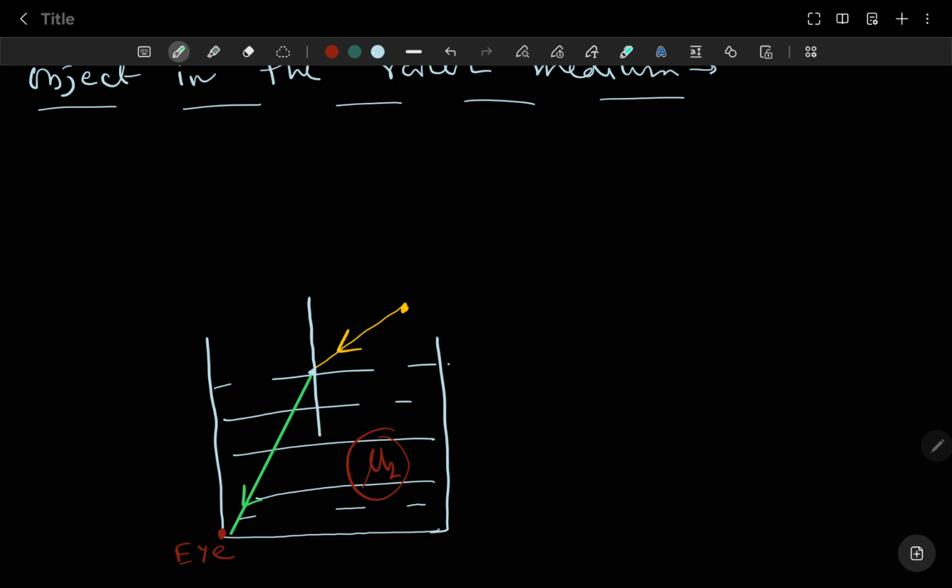Fine, so the angle of incidence here is i and the angle of refraction is r. So the eye will look straight upward.